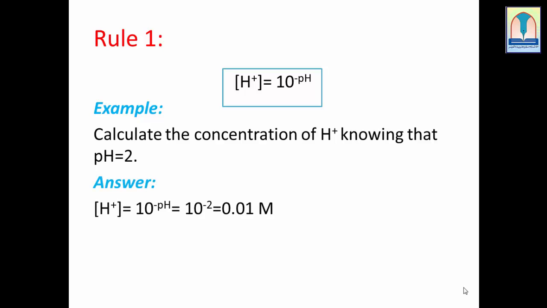Therefore, the concentration of H+ equals 10 power minus pH. We substitute the value of pH, which is 2, so it will be 0.01 and the unit molar.